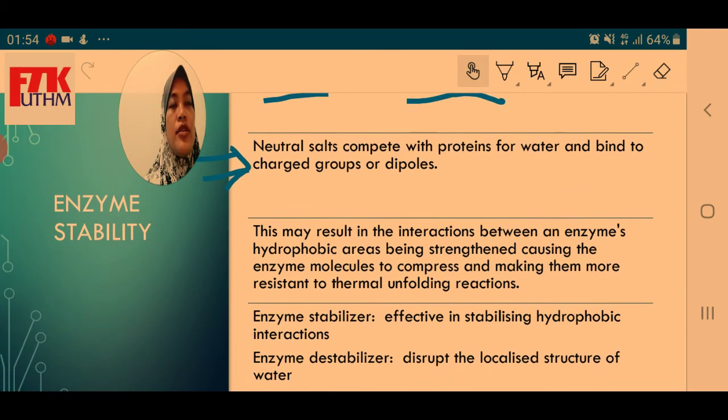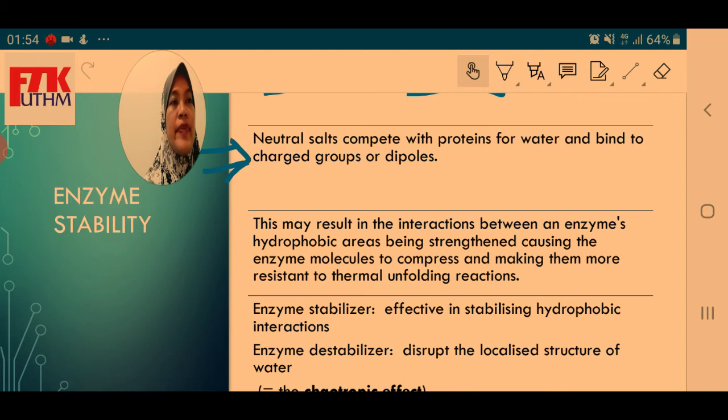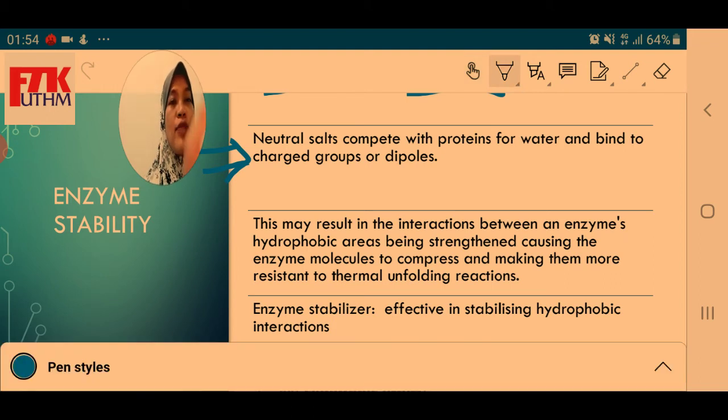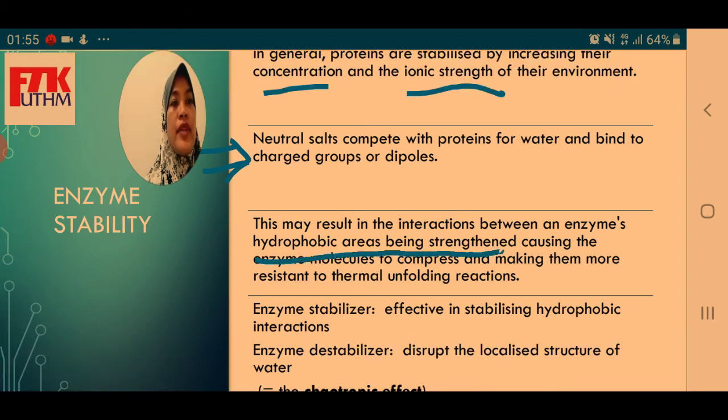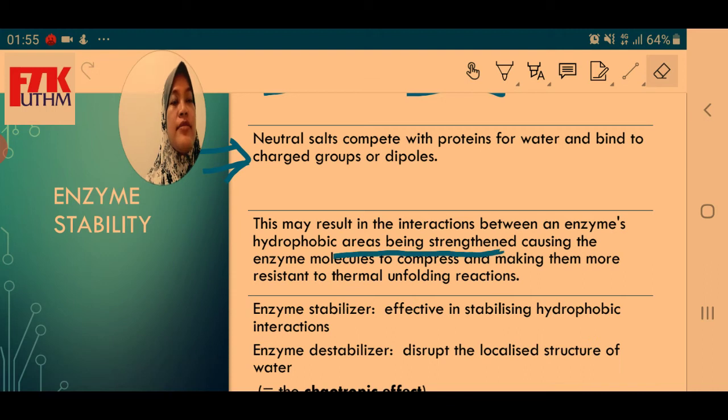So you can see this interaction happening if you add different types of ions, anions, cations, and different types of ions can strengthen the hydrophobic areas.